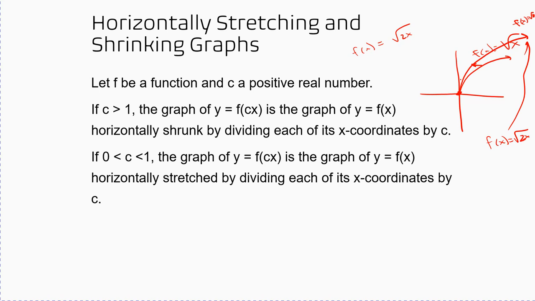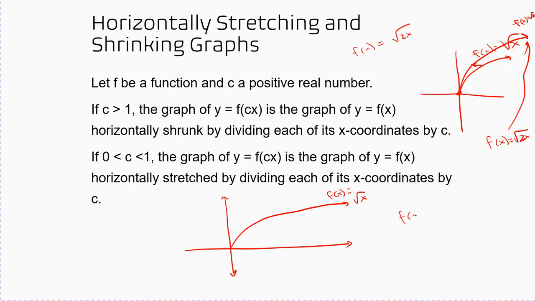Similarly, or kind of the reverse here, if c is between 0 and 1, then the graph of y equals f of cx is the graph of y equals f of x horizontally stretched. So you're pulling it out. For example, here's the square root of x.